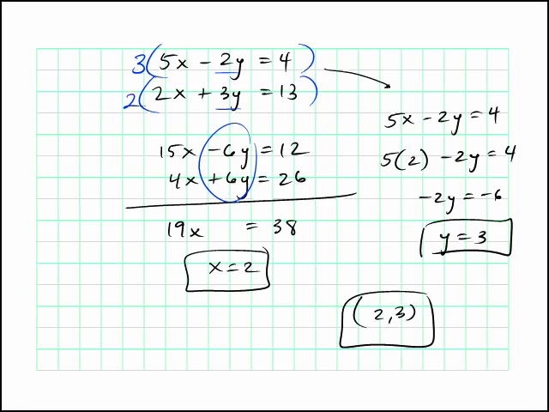Just one or two more examples here. Okay, let's solve by using the elimination method. To get the x's to cancel away, I'm going to multiply the top equation through by a negative 2.